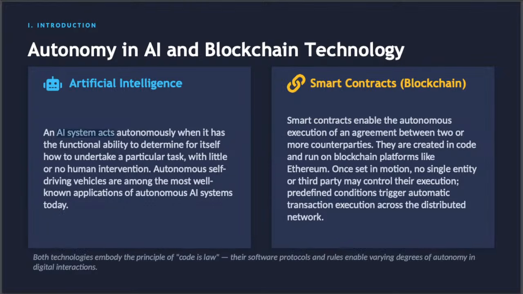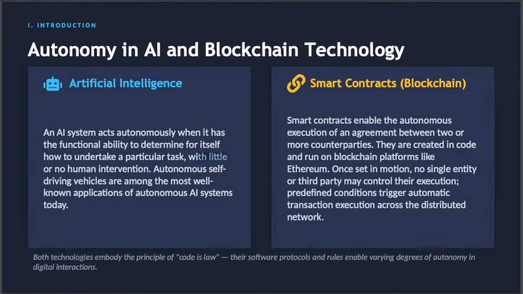An AI system acts autonomously when it has the functional ability to determine for itself how to undertake a particular task with little or no human intervention. So this is not saying it is autonomous, but it acts autonomously when it has functional ability to determine for itself how to undertake a particular task with little or no human intervention.